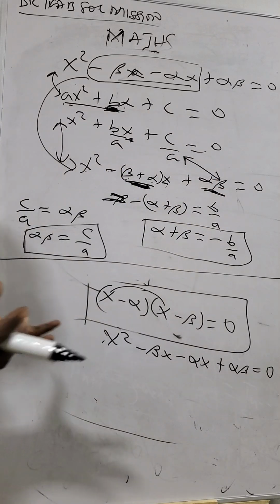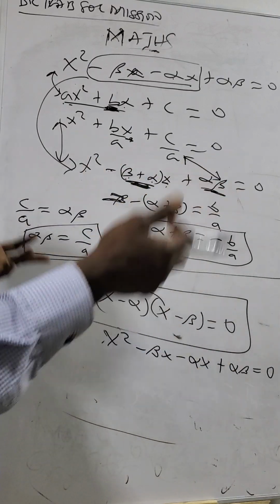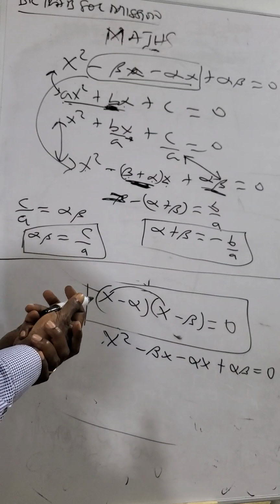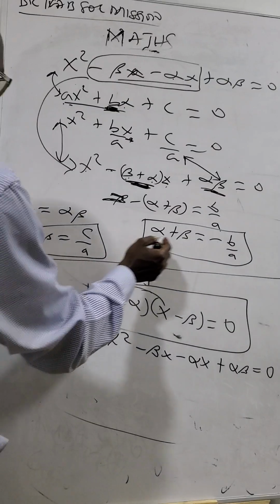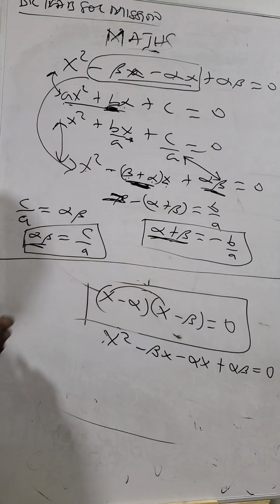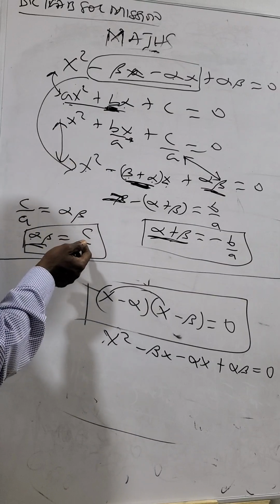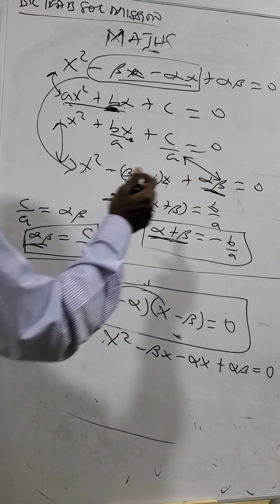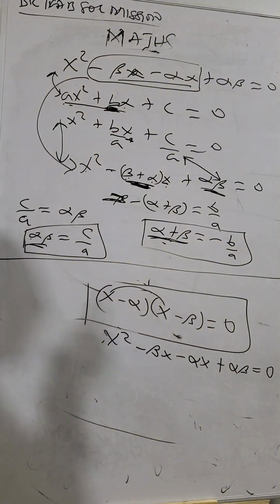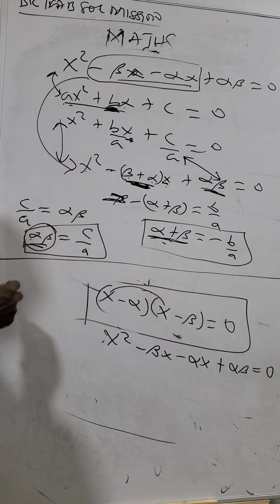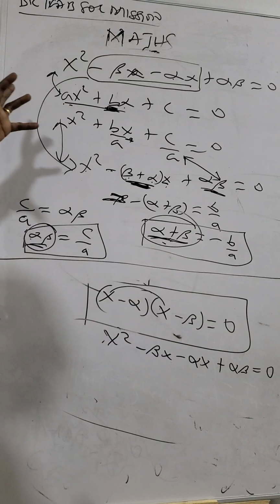So if you are told the roots of the equation are 2 and 3, that is alpha and beta. If the roots are added or subtracted, this is what you are getting. So this one has the addition, and this one has the multiplication. If the roots are multiplied, so this times this, we are getting that, another equation. If they are divided, this is what we are getting. So you see that the expressions we are interested in here are alpha times beta, and alpha plus beta, for a quadratic equation.